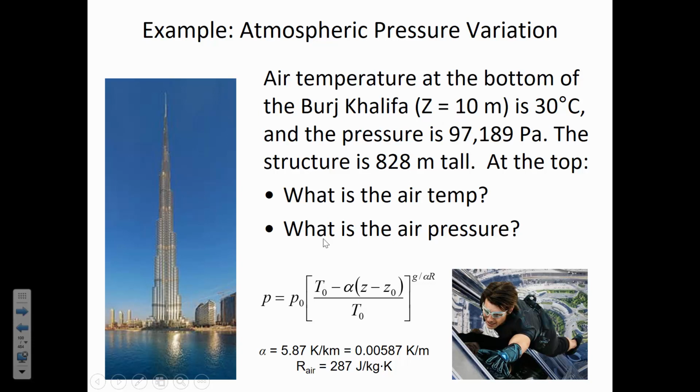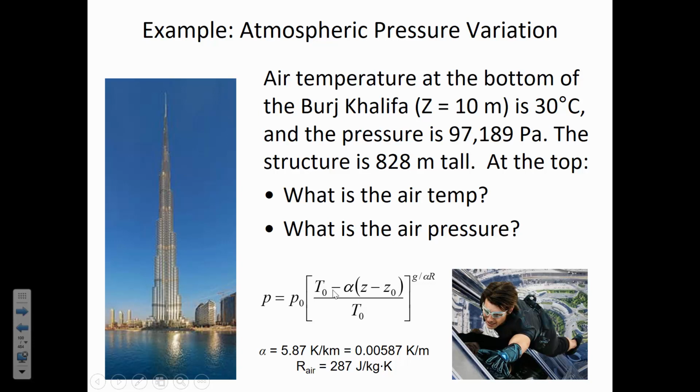So let's say that at the bottom of the Burj Khalifa, which is about 10 meters above sea level, the temperature there is 30 degrees Celsius, and the measured atmospheric pressure is 97,189 pascals. So if we have that known elevation and known temperature and known pressure here at the base, then at the top, which is 828 meters tall, what's the air temperature?